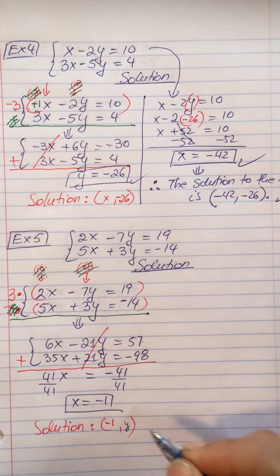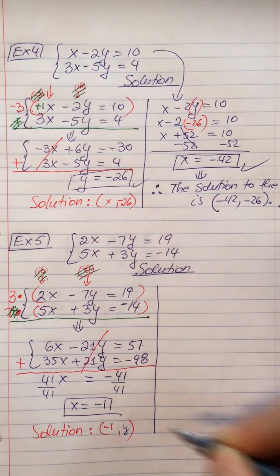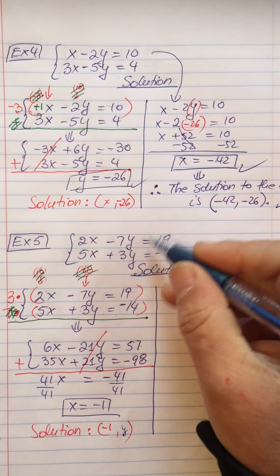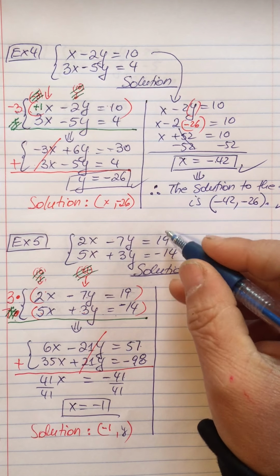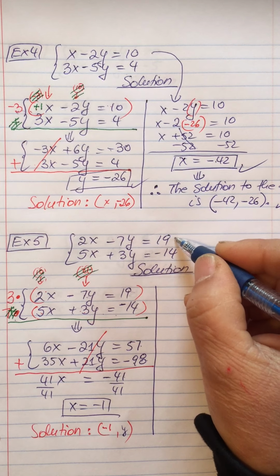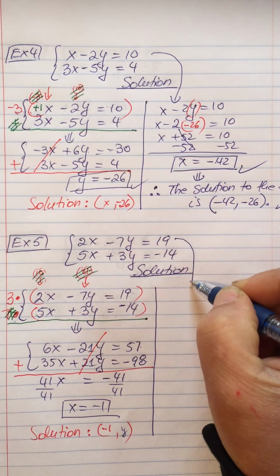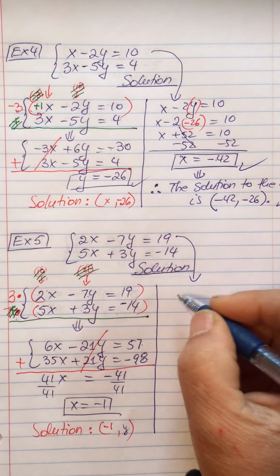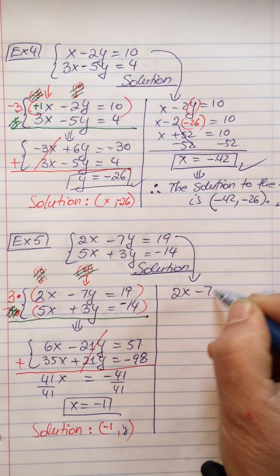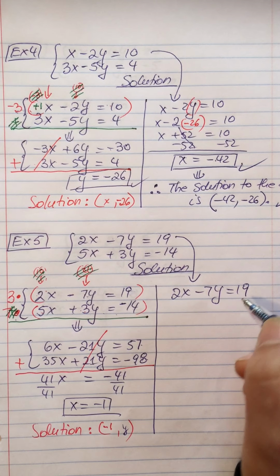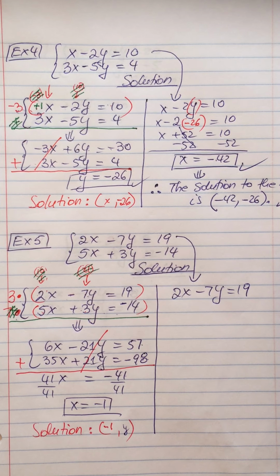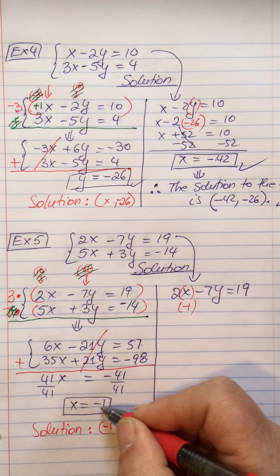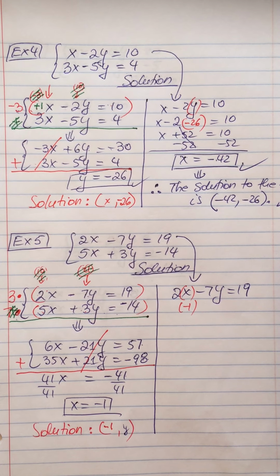And now I have to find what y is. I have to find it by choosing one of the original equations. Let me choose the first one. You can choose the second, it doesn't matter. So let me write the first equation, 2x minus 7y equals 19. Let me replace x with negative 1, the value of x that I just found.